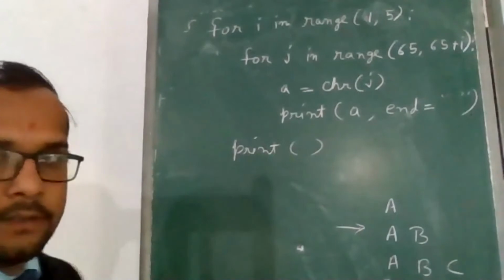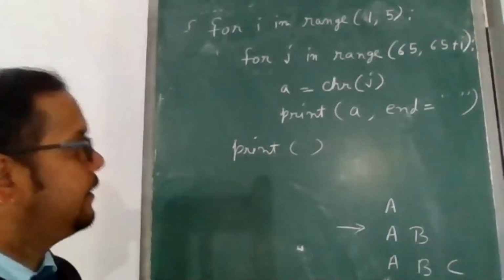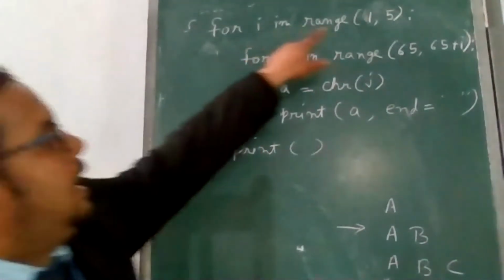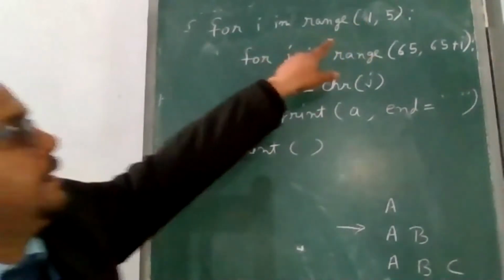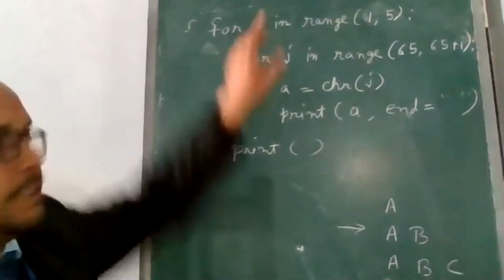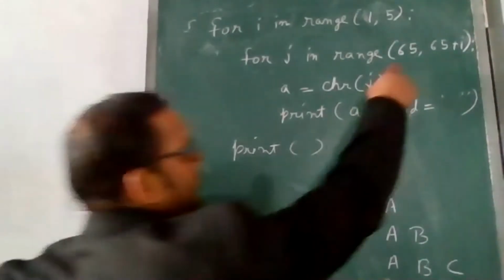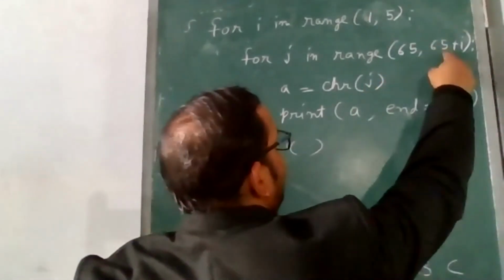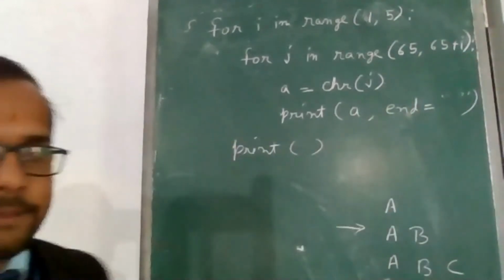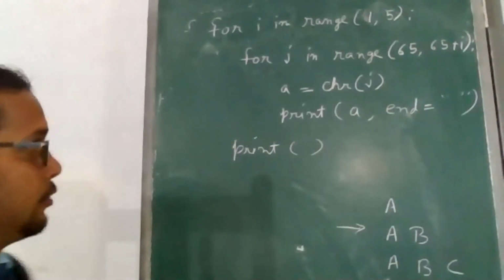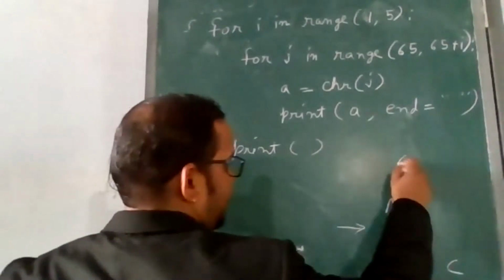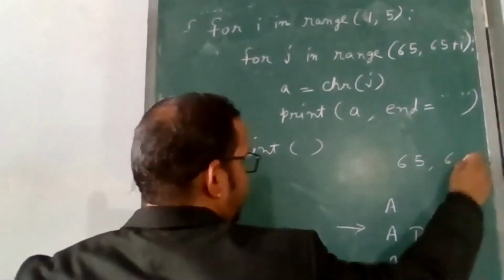It will come here. After that, the outer loop will begin. So the next value of i is 2. Then 65 comma 65 plus 2, that is 67. So it will execute for 65 as well as 66.